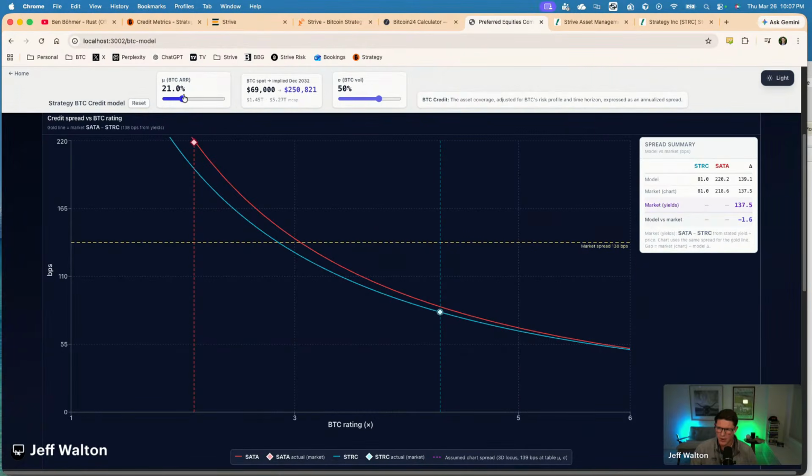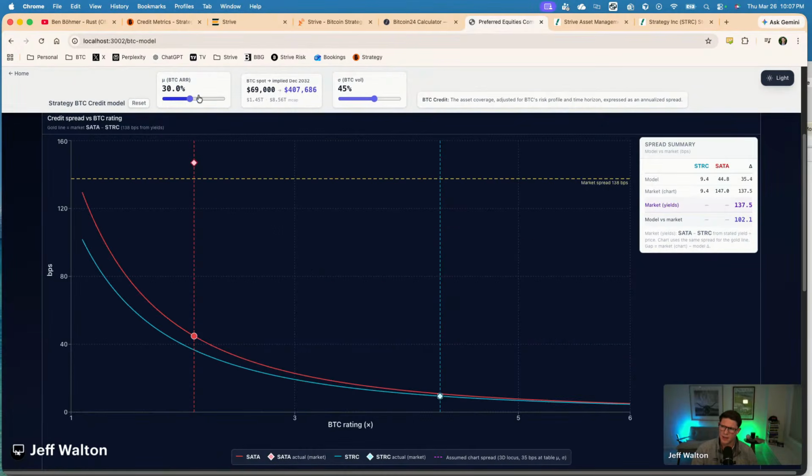A BTC ARR of 21% results in an implied Bitcoin price of 250,000 by the year 2032, which would be a $5.2 trillion market cap. But to put that in perspective, I think gold right now is a 30 plus trillion dollar market cap, just to put it in relative perspective.